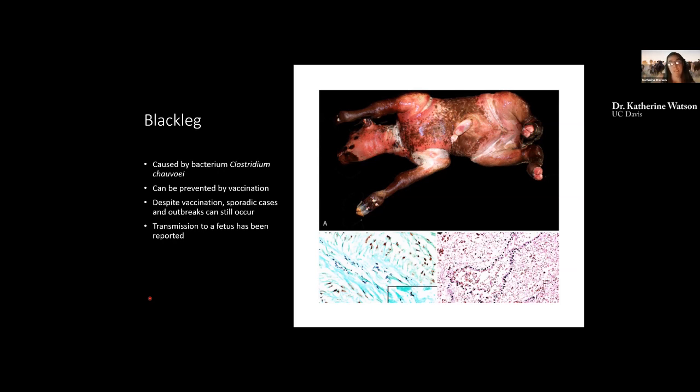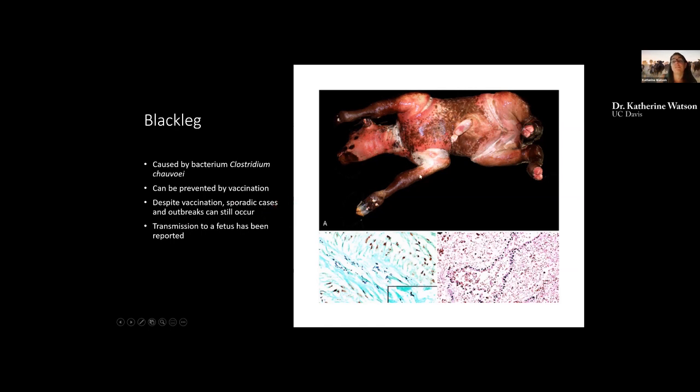We still see sporadic cases where vaccination failed, or outbreaks, whether that's because it's a more virulent bacteria than what they were vaccinated for, or because the vaccine wasn't stored correctly, maybe the time between vaccinations was too long, maybe they missed that series. All of those things can happen, and we still see cases even in a vaccinated herd.